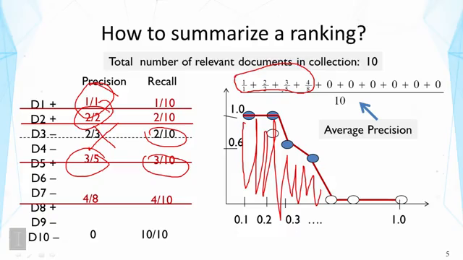These are the precisions at the different points, corresponding to retrieving the first relevant document, the second, and then the third, the fourth, etc. Now we missed many relevant documents, so in all those cases, we just assume that they have 0 precisions. And then finally, we take the average. So we divide it by 10, which is the total number of relevant documents in the collection.